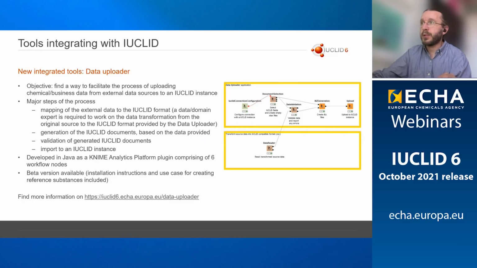What this means in practice is that this tool provides a way to map external data to the Euclid format and generates, based on this mapping, Euclid documents that can be assembled into a Euclid file and uploaded to a Euclid instance. This tool is developed in Java as a KNIME analytics platform plugin, so you need to use KNIME in order to use this Data Uploader. And you can find more information and also installation instructions and a use case for creating reference substances directly from the Euclid 6 website on the page that is displayed here.